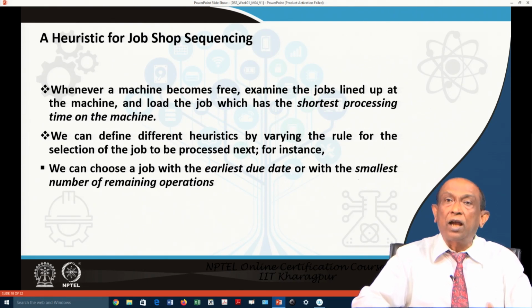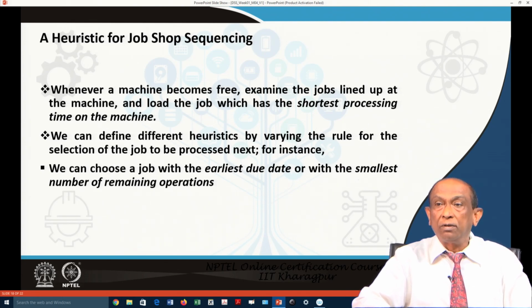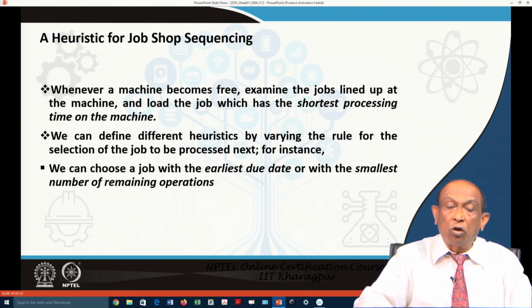So, there are different kinds of heuristics, and depending on what we want to achieve, those kinds of heuristics are used in job shop sequencing problems. Heuristics are very popular in solving job shop sequencing problems and also in scheduling.